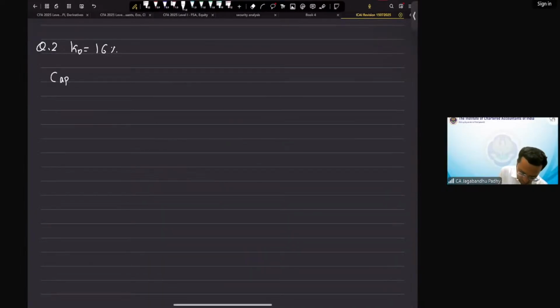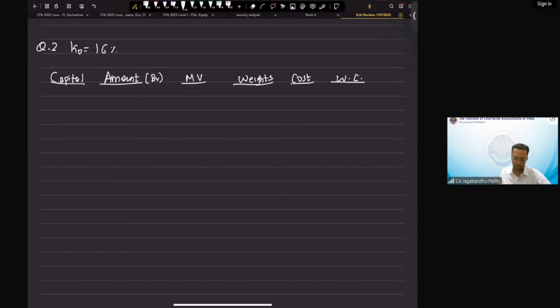So let me write down the capital, amount, which is the book value. Then we have the market value. Then we have the weights, cost, and weights into cost.